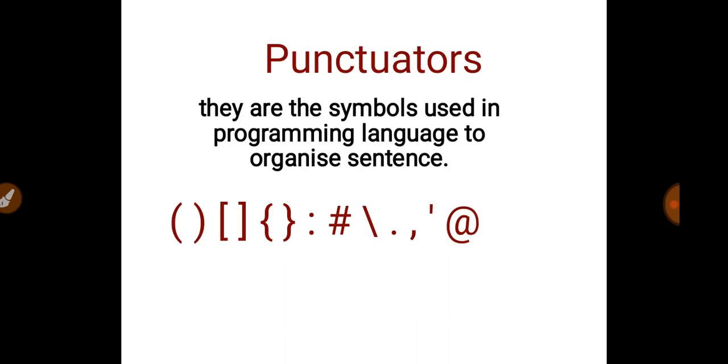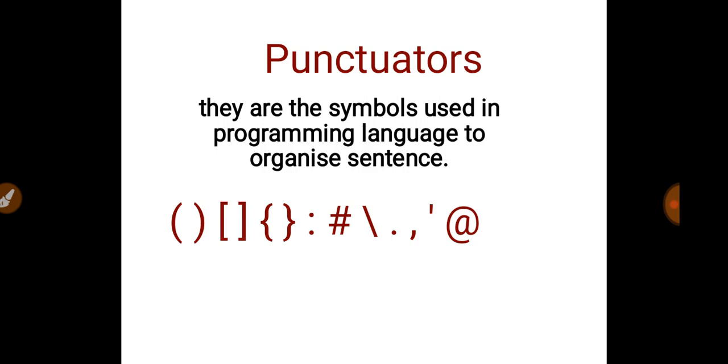Next, the last category of the tokens is the punctuators. The punctuators are the special symbols used in the programming language to organize the sentence.